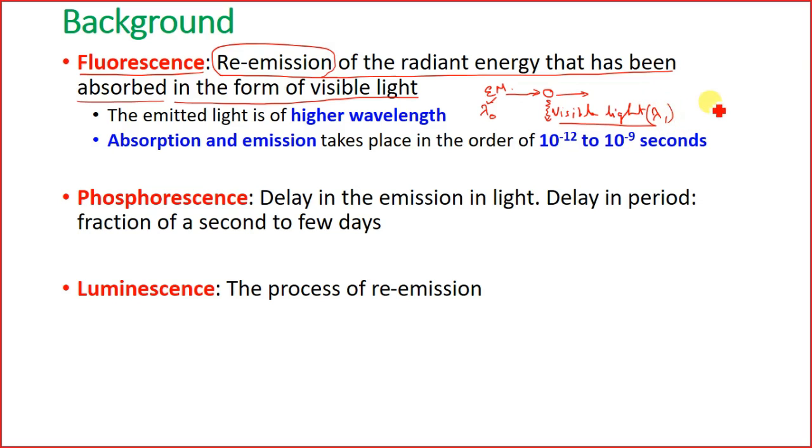Then lambda 1 will be greater than lambda 0. That means the emitted light has a higher wavelength as compared to the incident electromagnetic radiation. Okay, so where will we have a higher energy? Can anyone tell me?